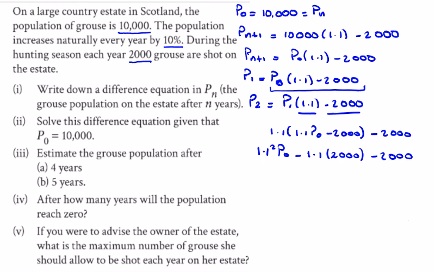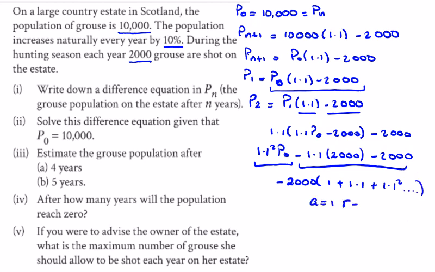You may see now that this is becoming a pattern with our geometric progression. If we factor it out, we'll have minus 2,000 times 1 plus 1.1 plus 1.1 squared, and so on. So A is equal to 1 and R is equal to 1.1.